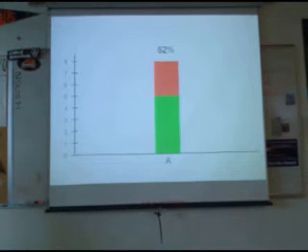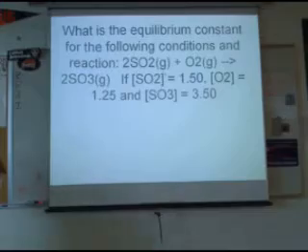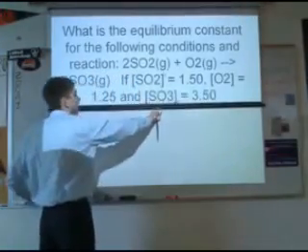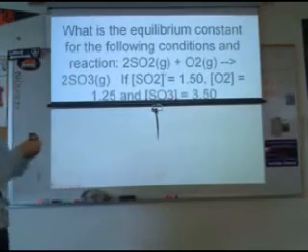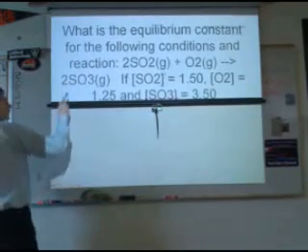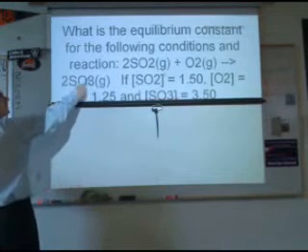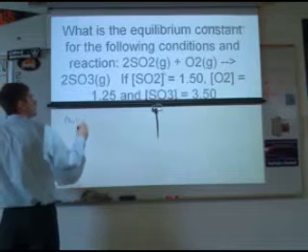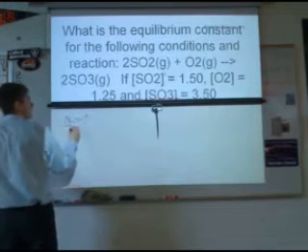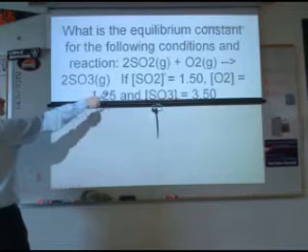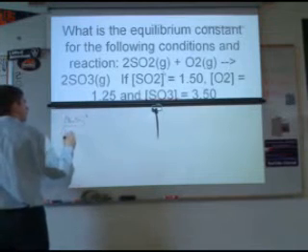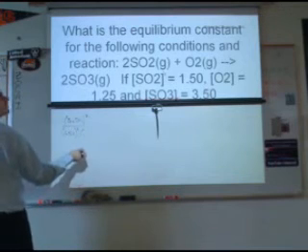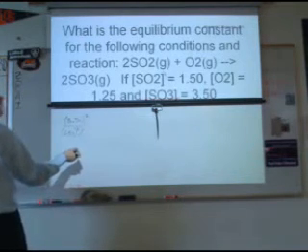Not bad. Let's go back and do it. So, you're going to go concentration of SO3 squared, so you're going to have 3.50 squared divided by 1.50 squared times 1.25.